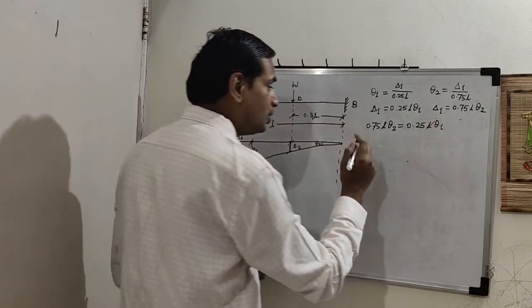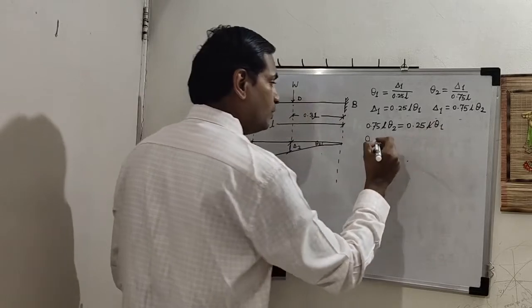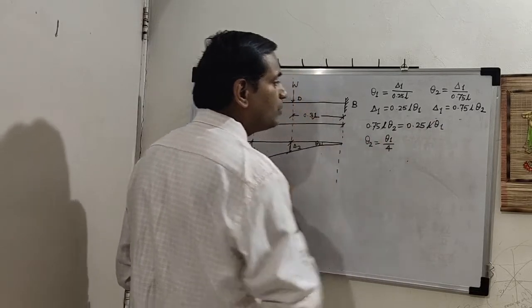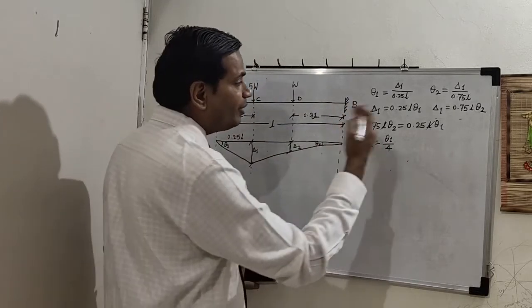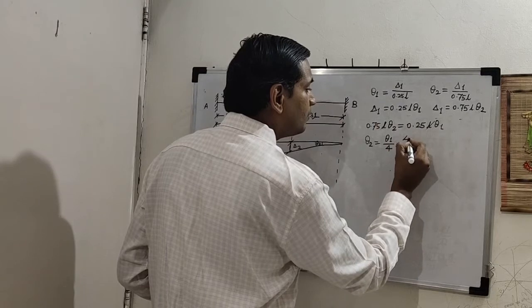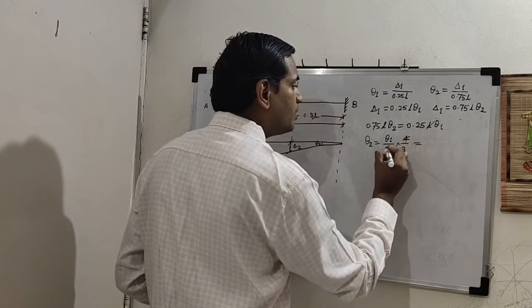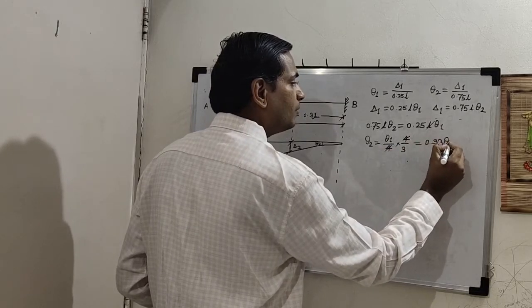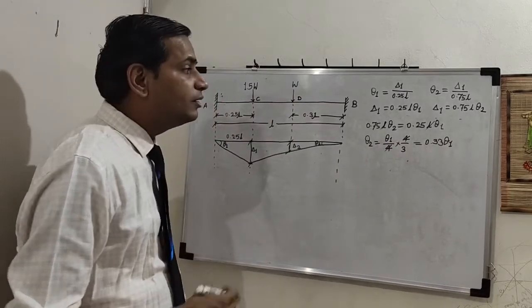So theta 2 is equal to, 0.25 is 1 by 4, so I will rewrite this as theta 1 by 4. 0.75 is 3 by 4. Bring it on the right hand side, so it will be 4 by 3. Okay. So 4 gets cancelled. So 1 by 3 is 0.33 theta 1. So theta 2 is 0.33 theta 1.